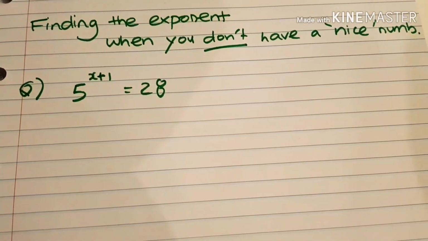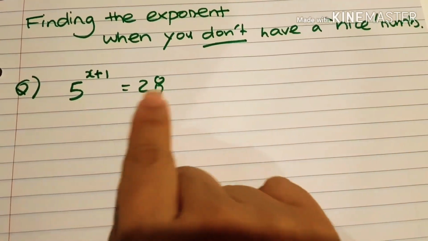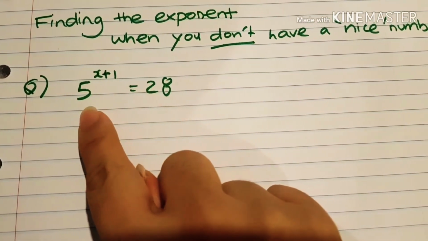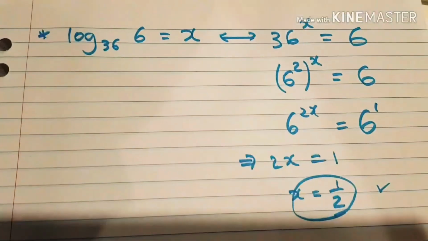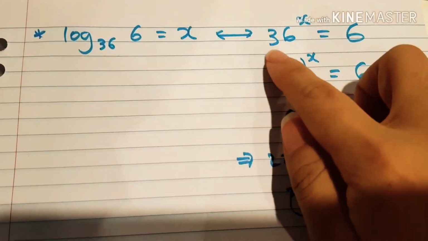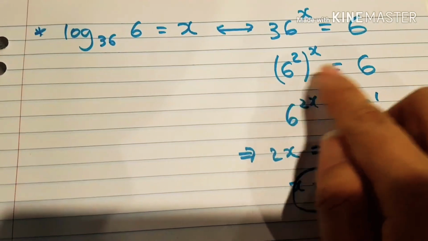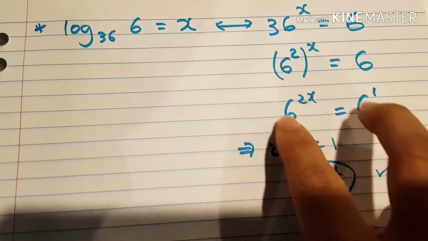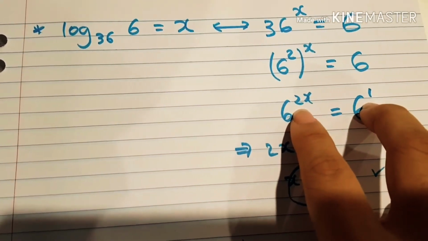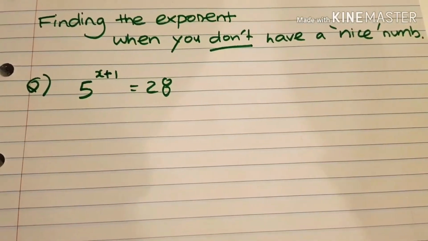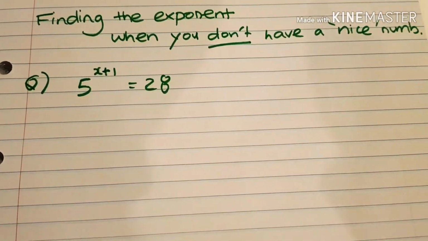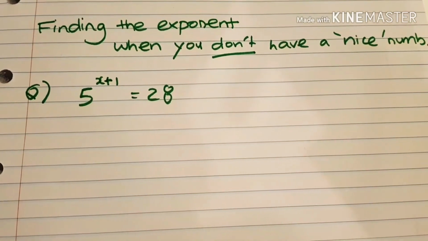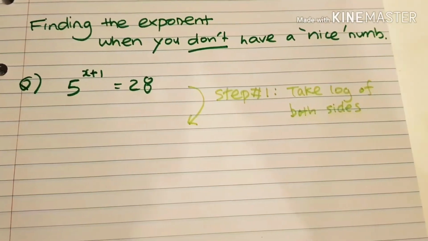Look at this question. Look at the base. Can I make both equal to the same number? For example, over here I had 36 and 6, so I could change both of them into 6 so that I can match the base and compare the powers. This one, can I do it like that? No. In that case, there are certain steps to follow.